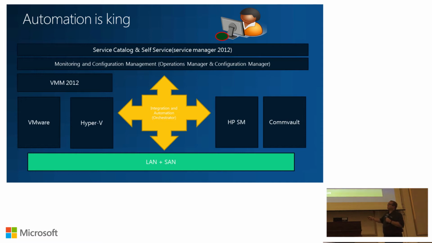Virtual Machine Manager decides if the machine needs to be deployed on VMware or on Hyper-V, and we install and deploy the machines, start integrating in our backup system, in Commvault, and in our batch management. At the end, it's fully automated. You have the installation of the operating system, wait another 20 minutes, and you have everything fully automated.